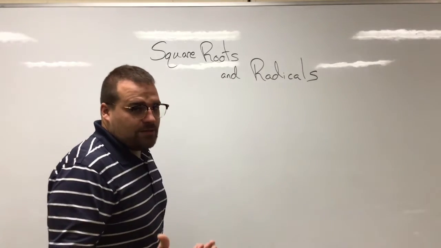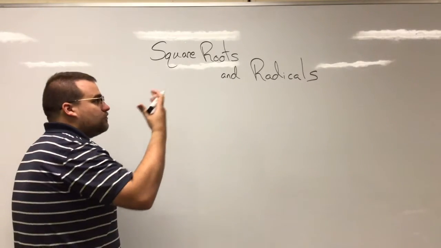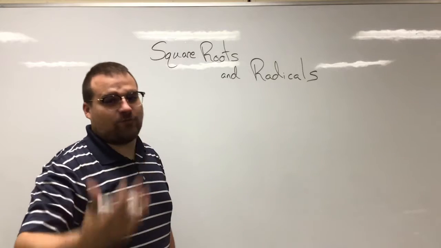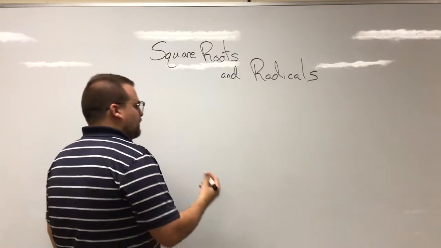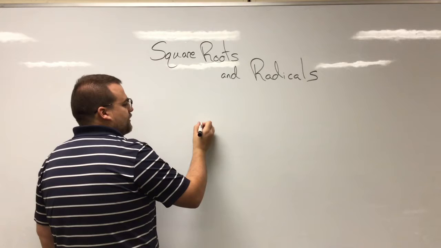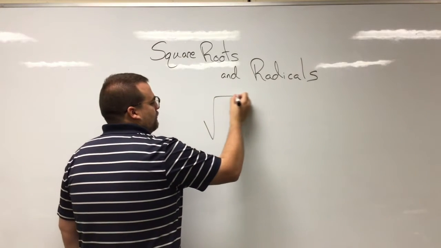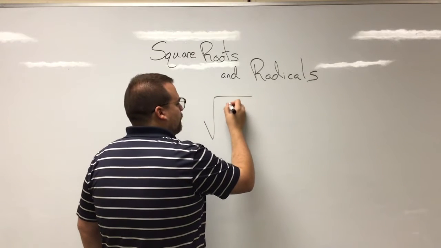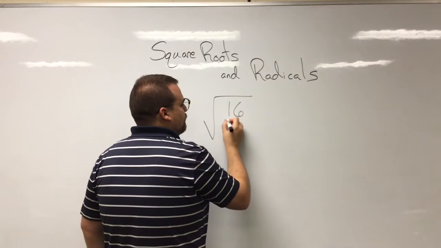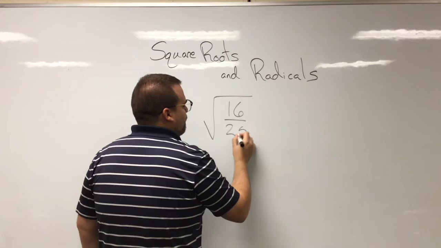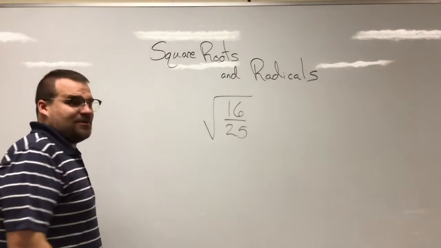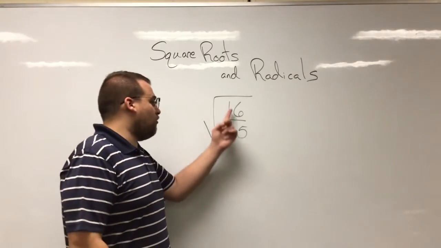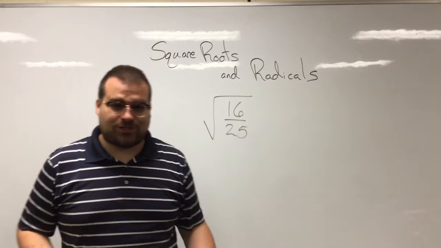One thing you might see is square roots and fractions, which I know sounds like a scary combination of things together. But it might look something like this: the square root of 16 over 25. Now you may be thinking, how the heck do I know what the square root of a fraction is?